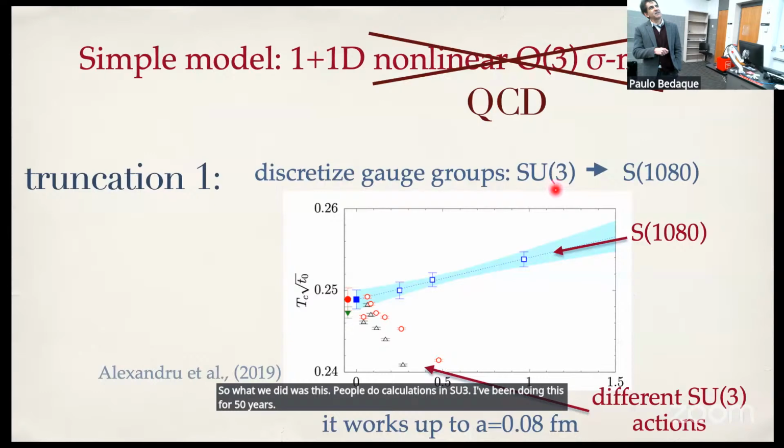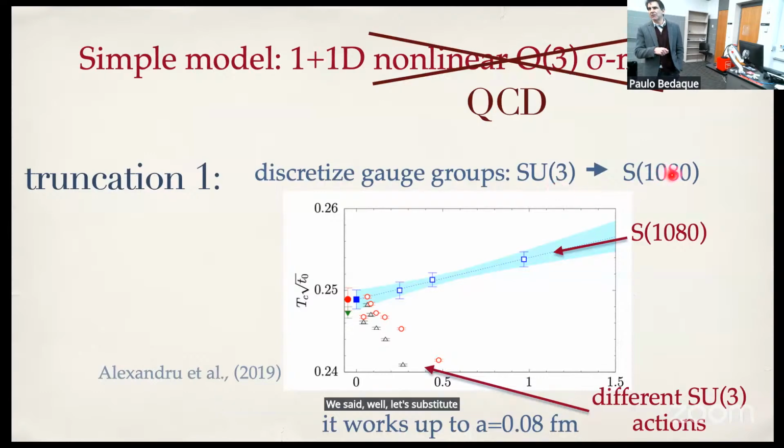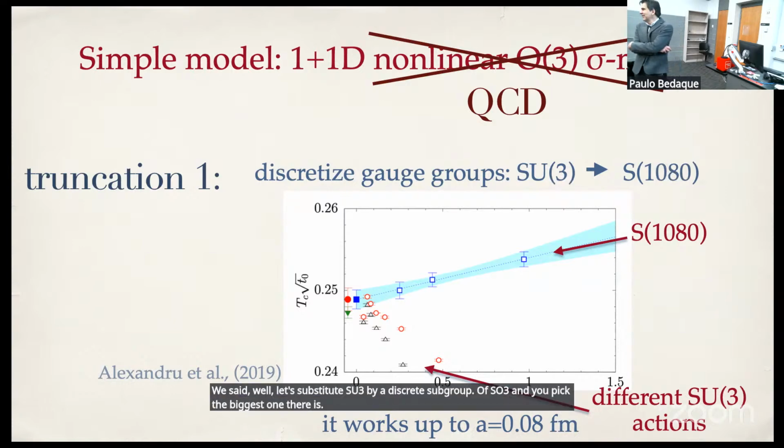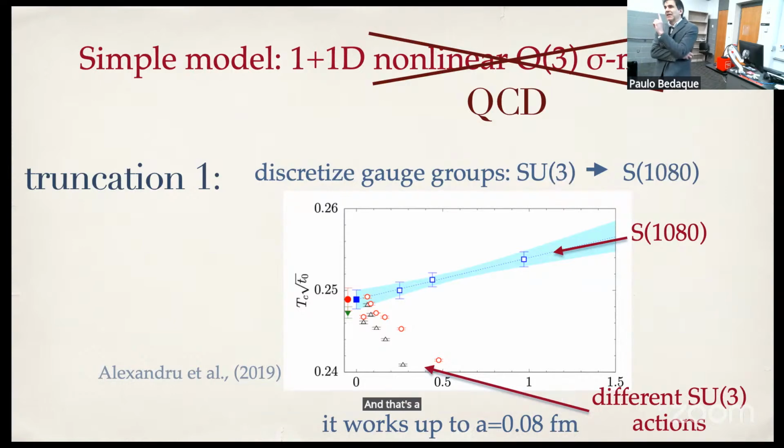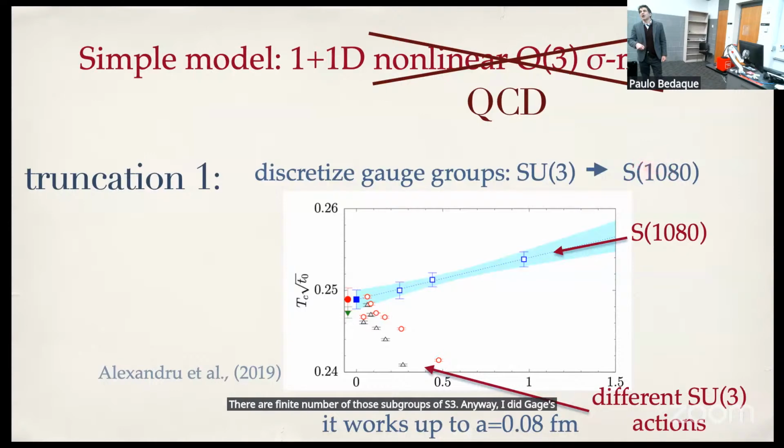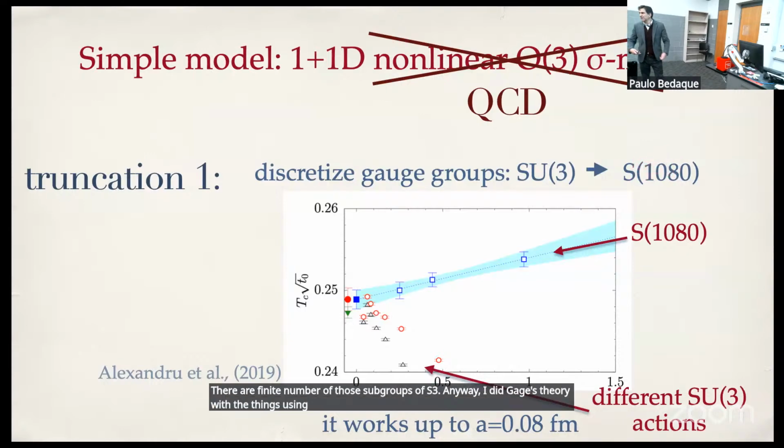We said, well, let's substitute SU3 by a discrete subgroup of SU3. And you pick the biggest one there is. And that's a very important thing. There is no bigger group that I could use to approximate SU3 any better. This is the biggest that exists. Just like the Platonic solids that are 5 and only 5, there are a finite number of those subgroups of SU3. Anyway, I did gauge theory with these using regular lattice Monte Carlo.